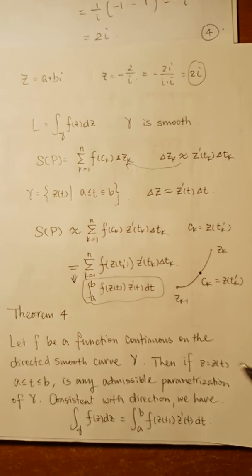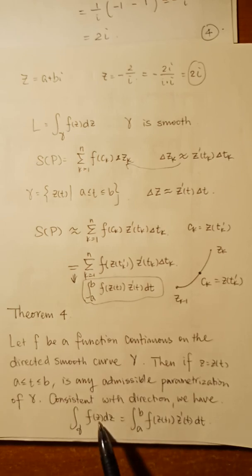So that's the translation from complex variable to real variable, if you have a smooth curve. We like a real variable because we already have the fundamental theorem of calculus.